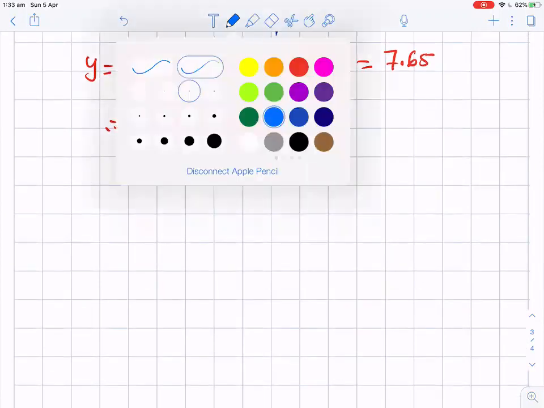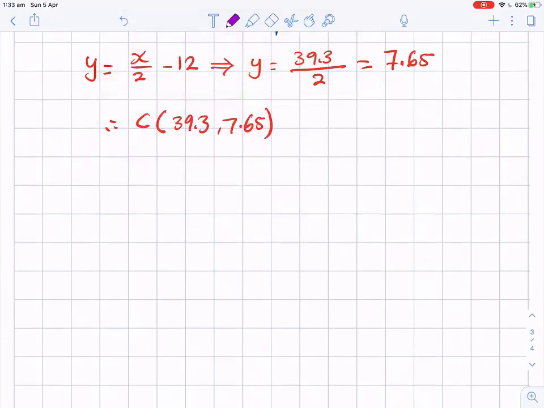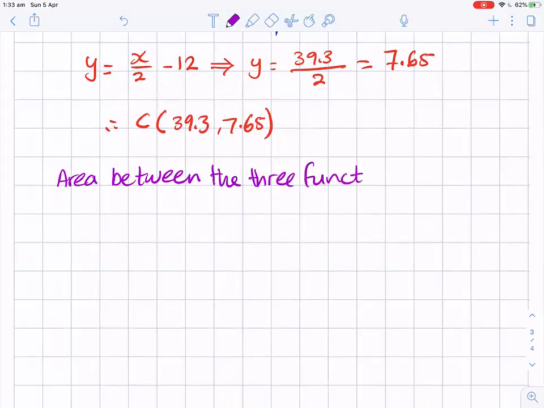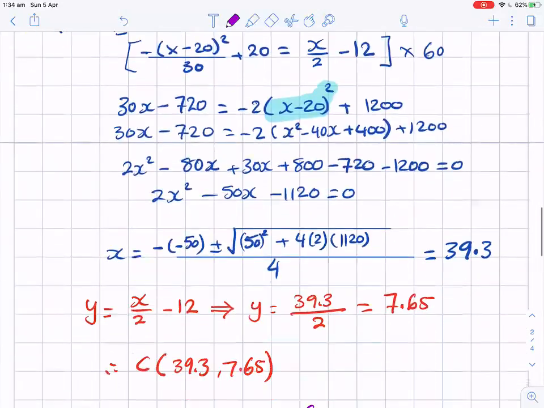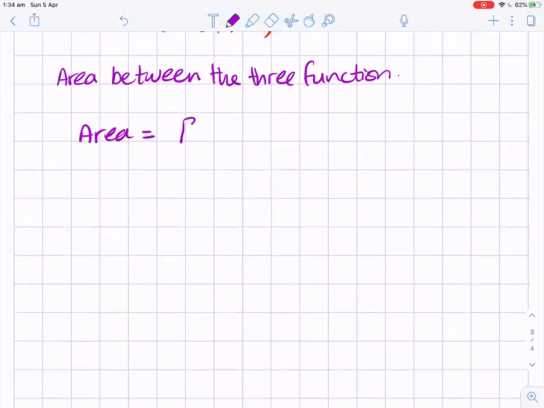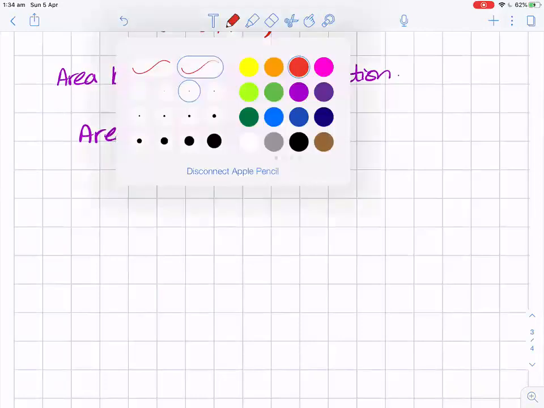this is part 2 now. So the area between the three functions is, if I say area equals the red area plus the brown area, so if I call it R plus B, it's basically the red area plus the brown area.